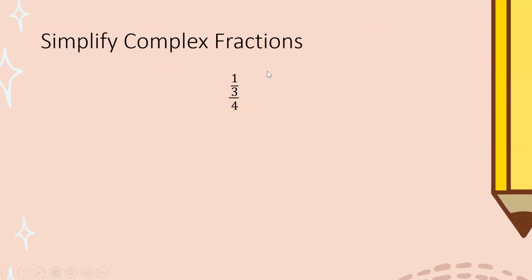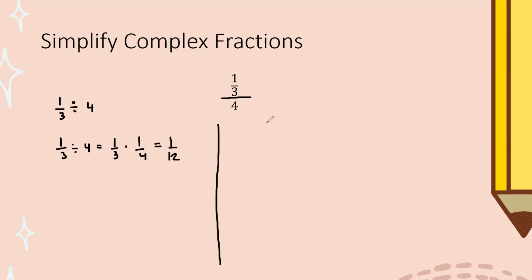Here we have 1/3 divided by 4. Now I can do things one of two ways. I can rewrite it as we saw it before and write 1/3 divided by 4, and then multiply this. You can say this: multiply 1/3 by the reciprocal of 4, so that would be 1/4, and my answer would be 1 over 12. Now I have seen it done another way, where we have 4 at the bottom and 4 is a whole number.